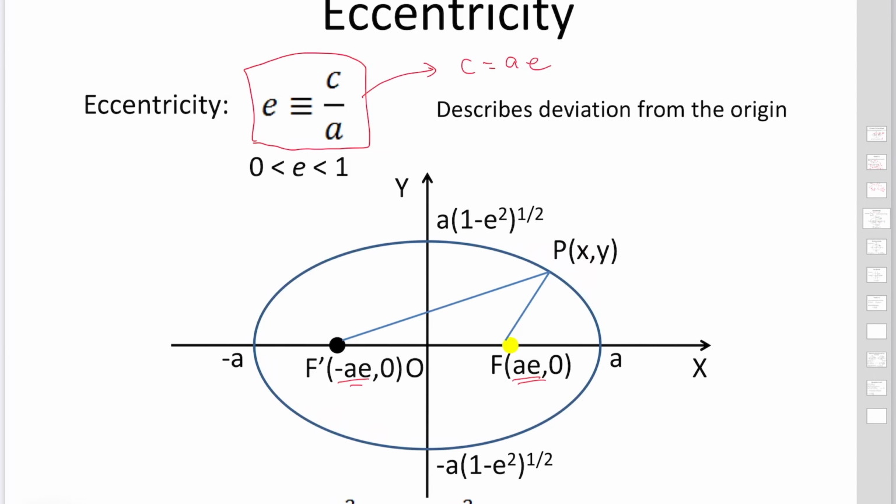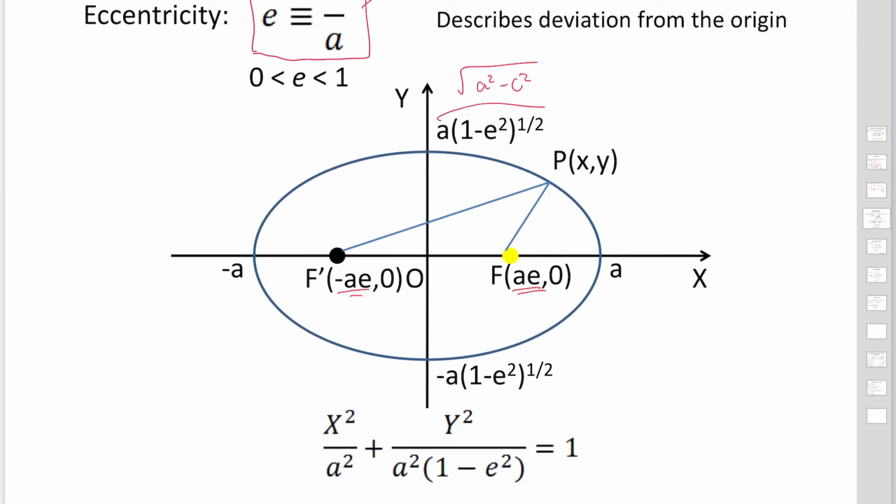Then the square root of a squared minus c squared can be expressed as a times the square root of 1 minus e squared. Then the ellipse equation changes to a new form. But in this case, c is changed to ae. It's quite easy to derive these equations.